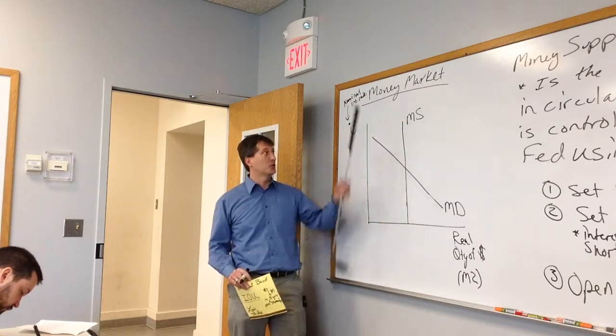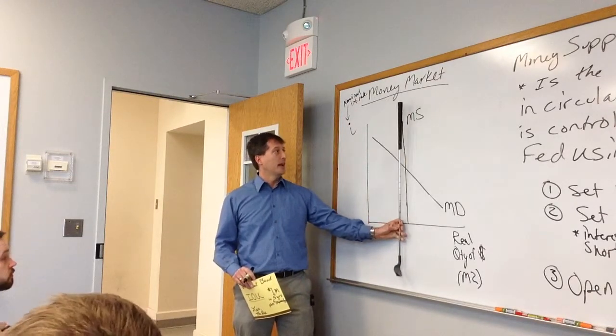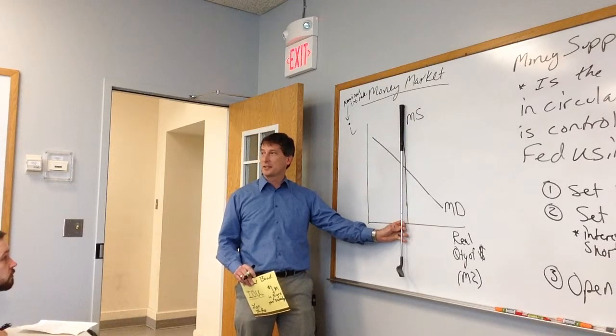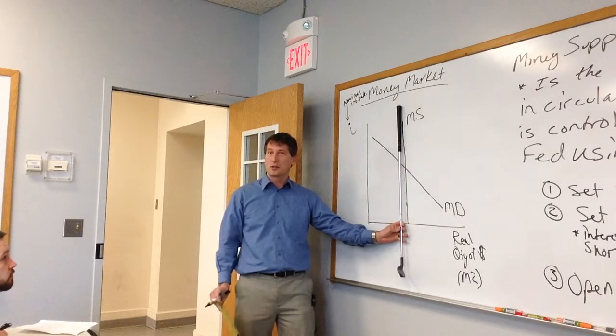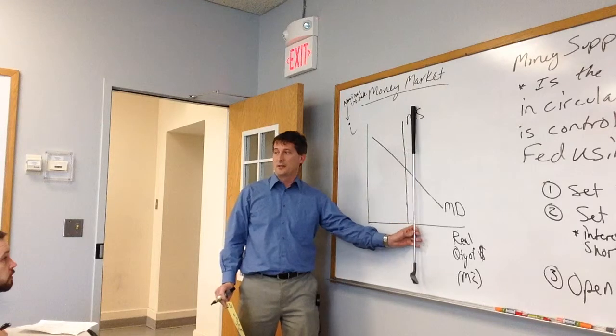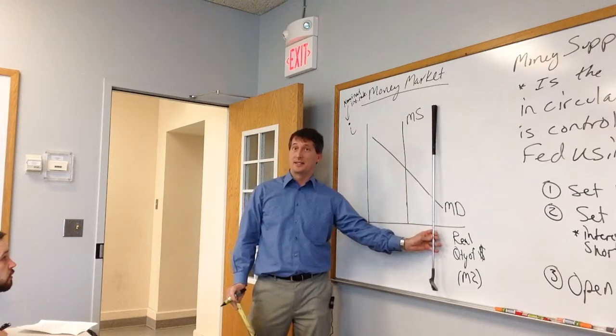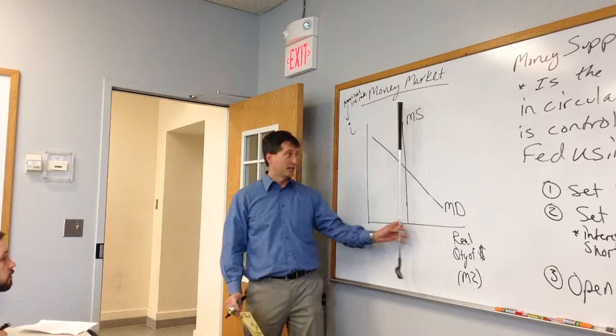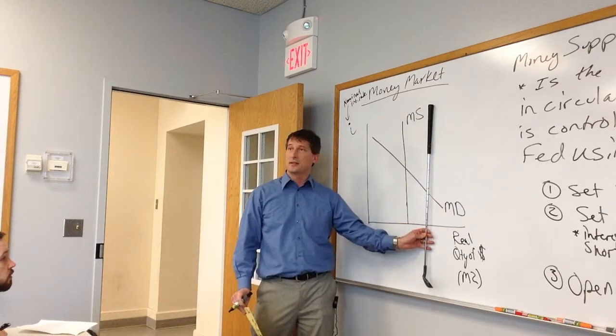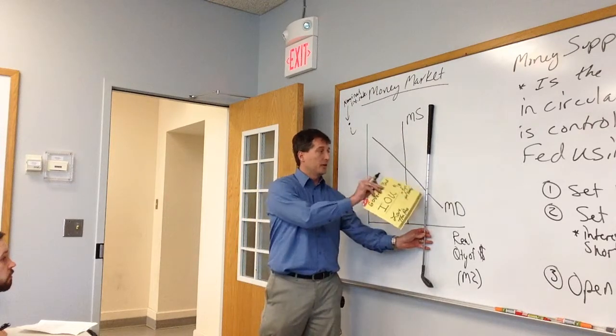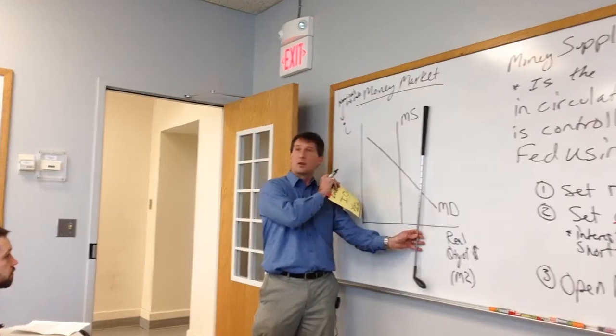MS. The Federal Reserve is choosing that. And they have now increased the supply of money from the open market purchase. Interest rates are going down. It's shifting, yep, it's shifting to the right. And so we're at a new interest rate that's lower.